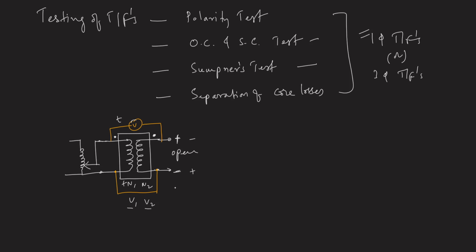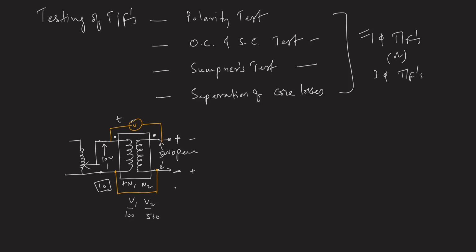Suppose V1 is 100 volts and V2 is 500 volts. In normal operation, if the dot connection is correct, then 10 volts applied on the primary side should give 50 volts on the secondary side.